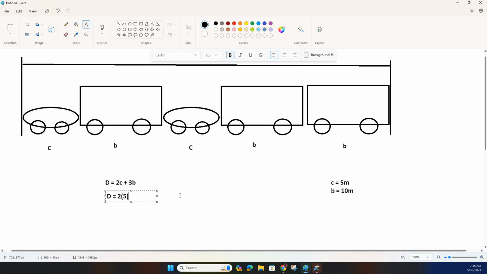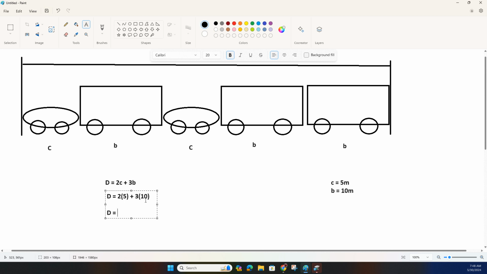So I'll put in the 5. The plus sign drops down. The 3 drops down. And the B, well, what is our B? B is equal to 10. I'll put in 10. Cool. Next line of math. D drops down. Equal sign drops down. And then I just have to start simplifying.